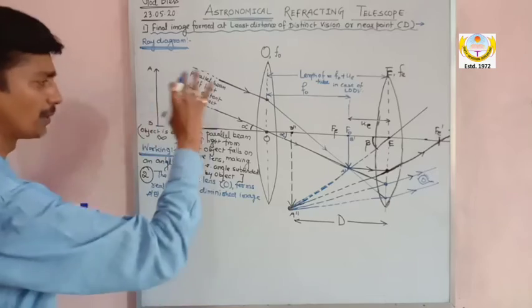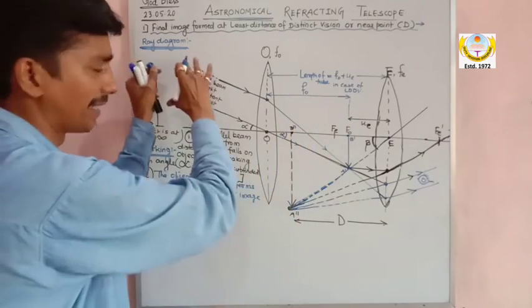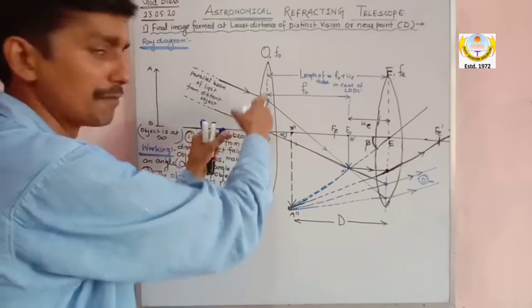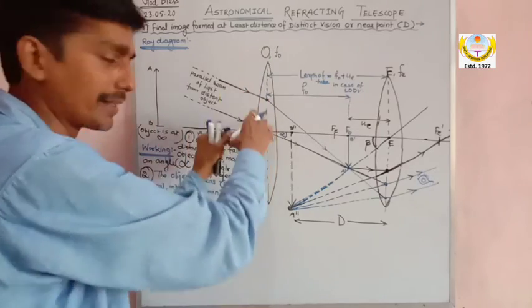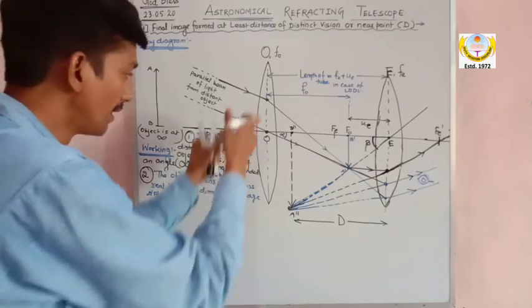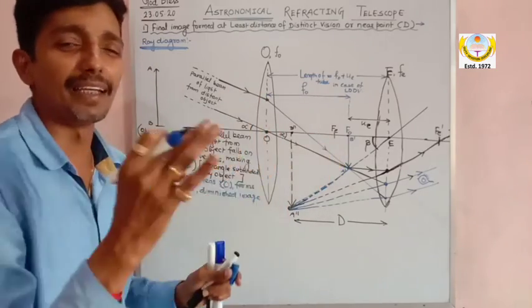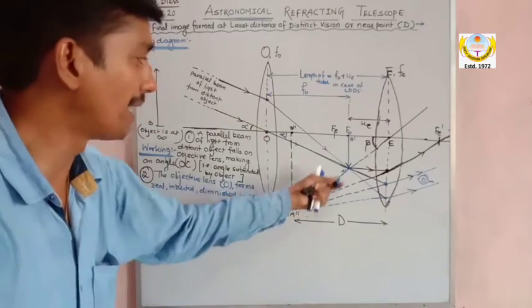Go slowly and cover the thing. First I have written that the beam of light coming from a distant object falls on the objective lens making an angle alpha. Now, what will the objective lens do? Sir, it will form a real inverted diminished image A dash B dash.